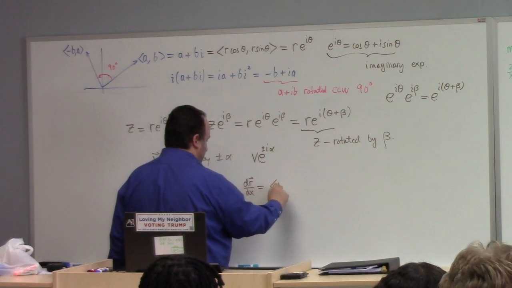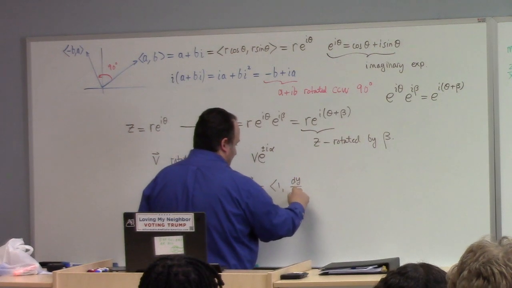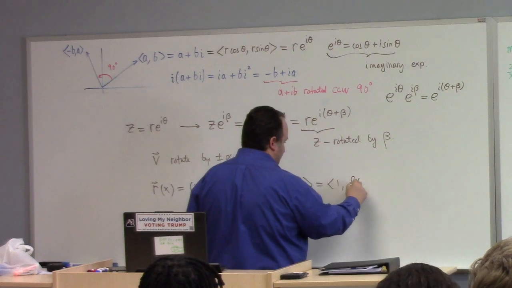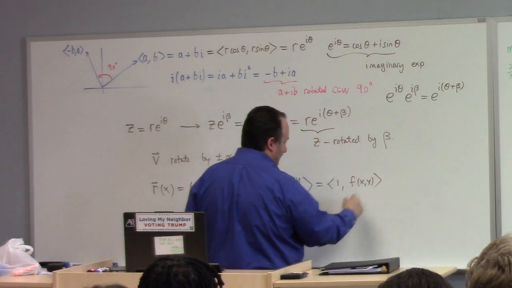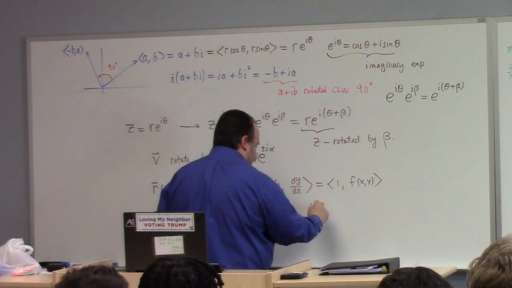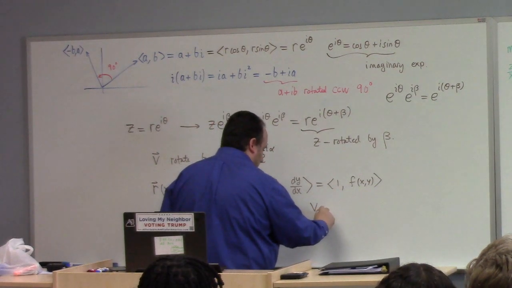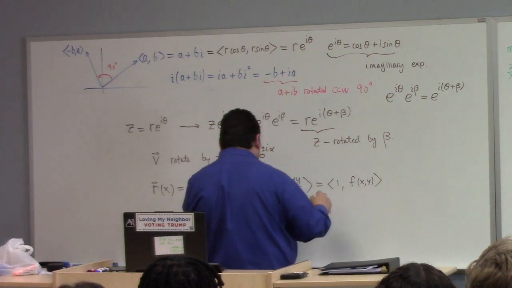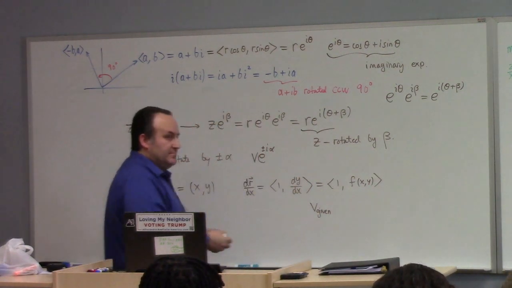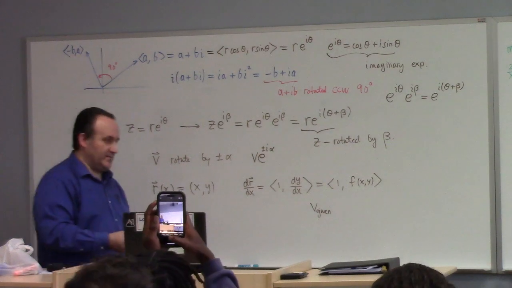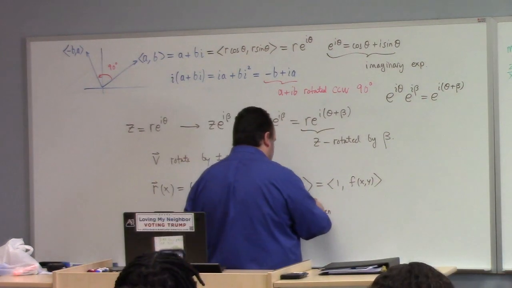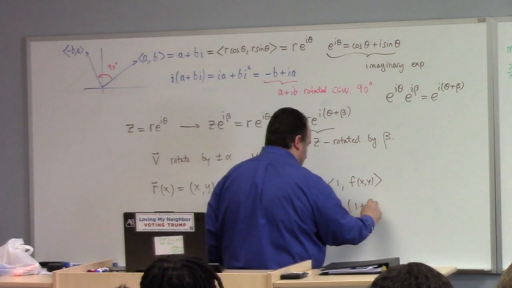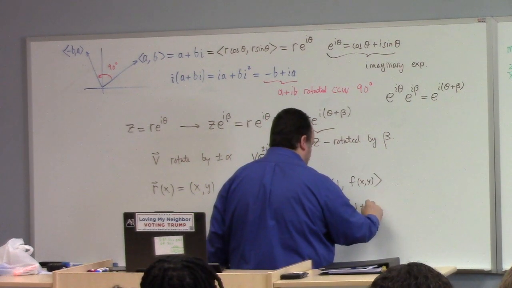It's 1 comma dy dx, which is to say 1 comma f of x, y in the problem that I'm talking about. So the given tangent vector direction you could write in the complex notation as what? 1 plus i times f.